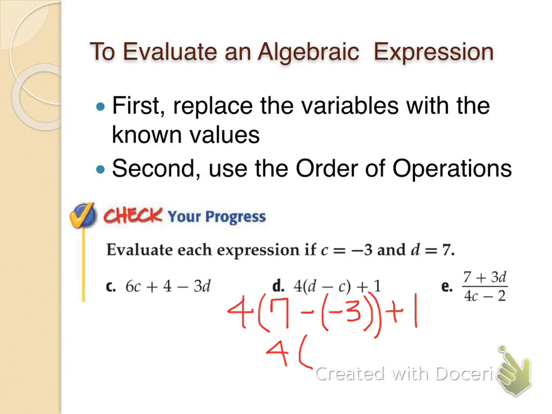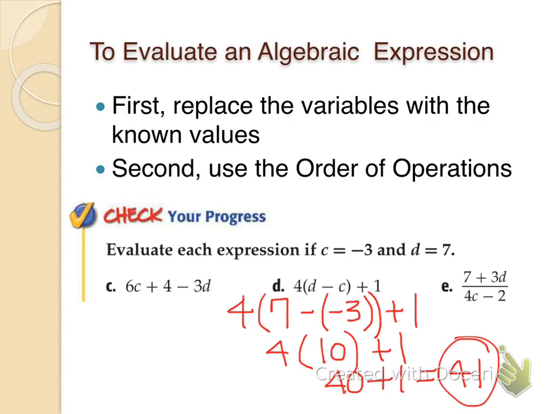So, 7 minus -3 is 10. Plus 1. Now, for order of operations, I have to multiply. So, 40 plus 1. And we know that 40 plus 1 equals 41. Again, when you evaluate these algebraic expressions, you should have one answer at the end, just one number.